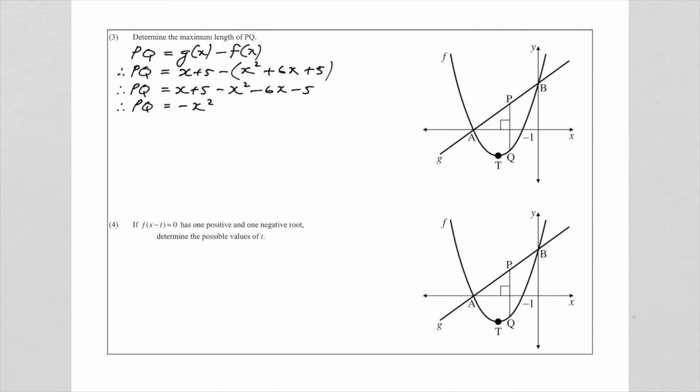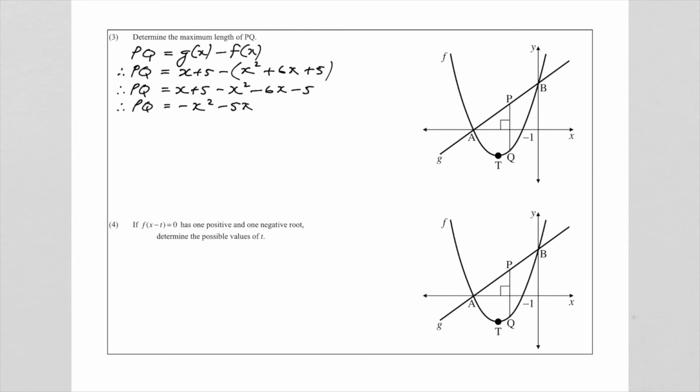And then you will see that this x minus 6x will leave us with minus 5x. So this PQ now represents this maximum length. Now, to find the maximum length, we're going to complete the square on this quadratic expression.